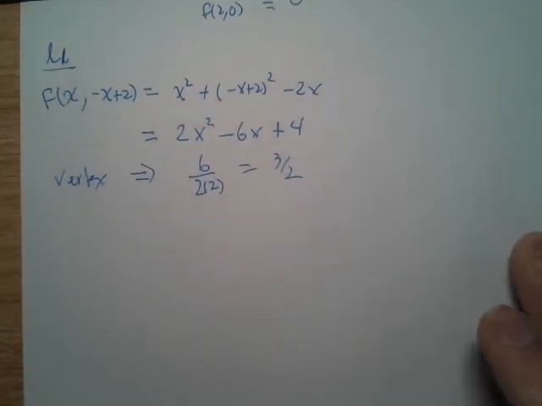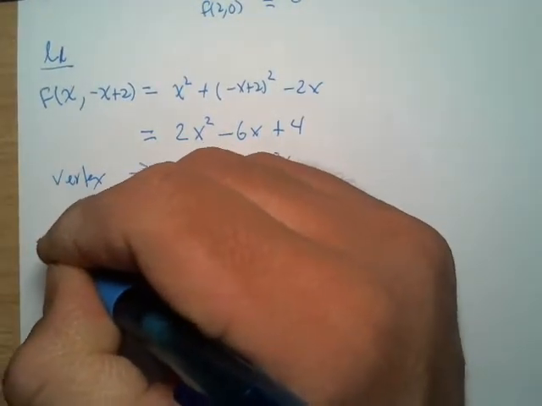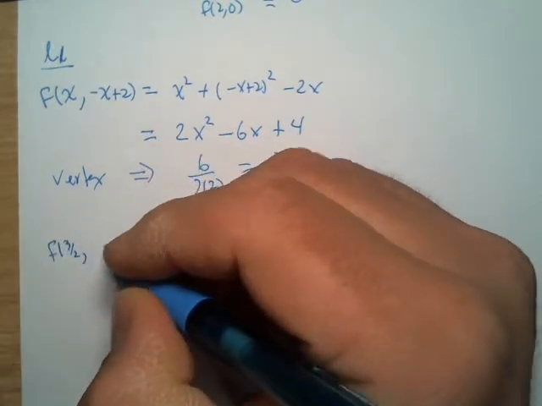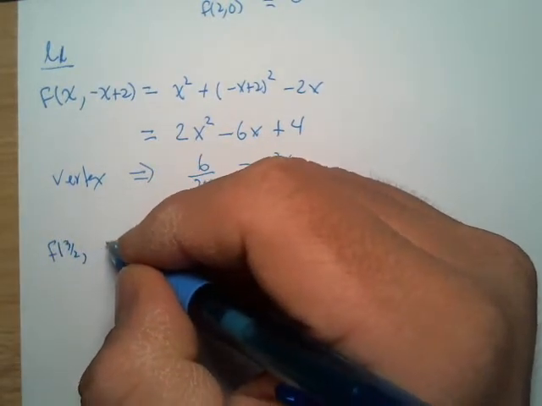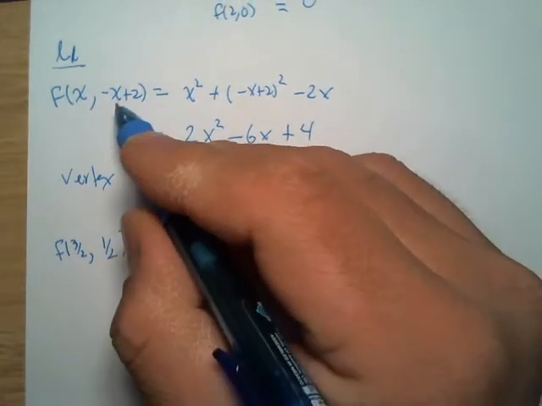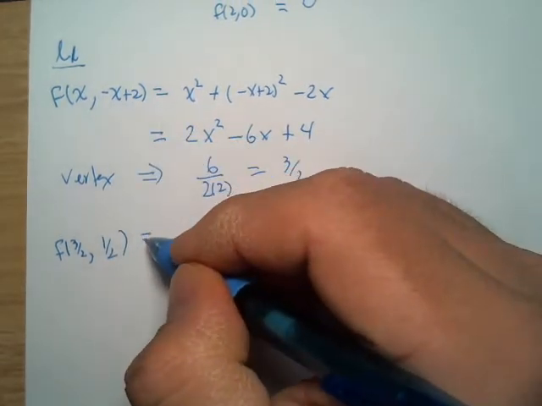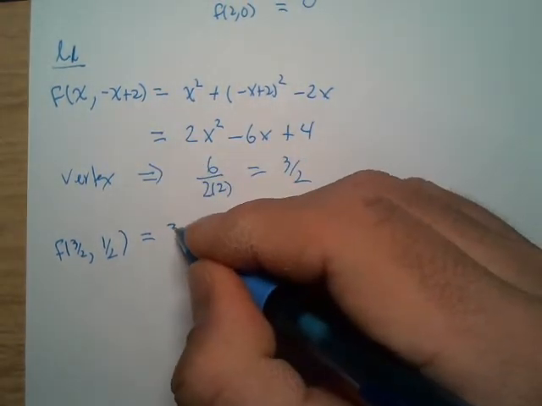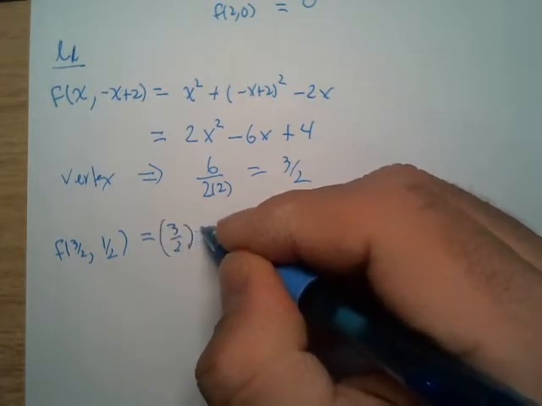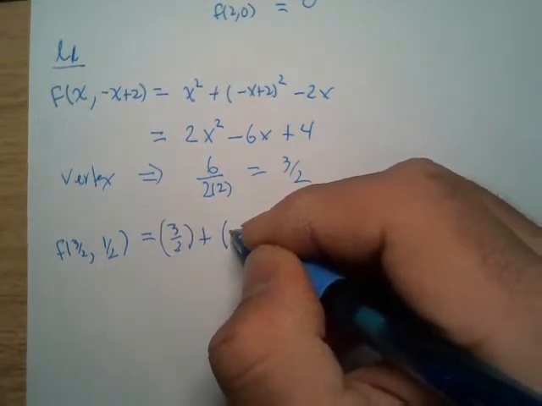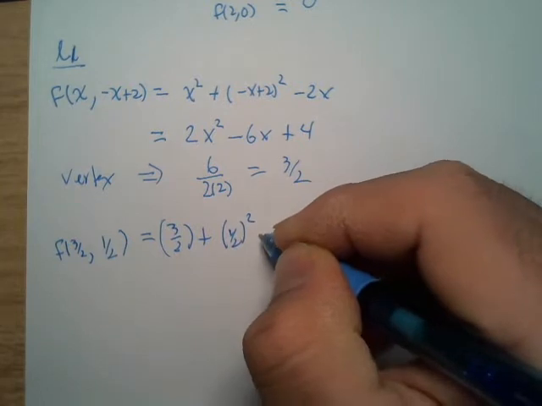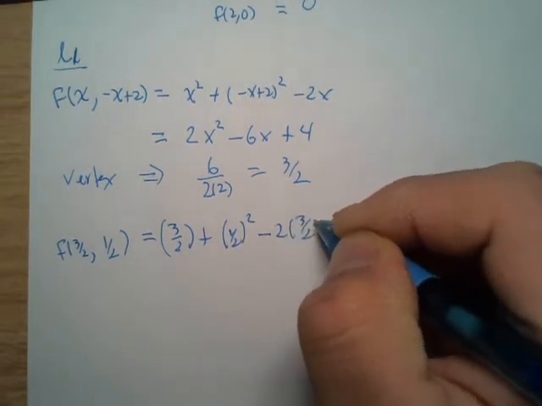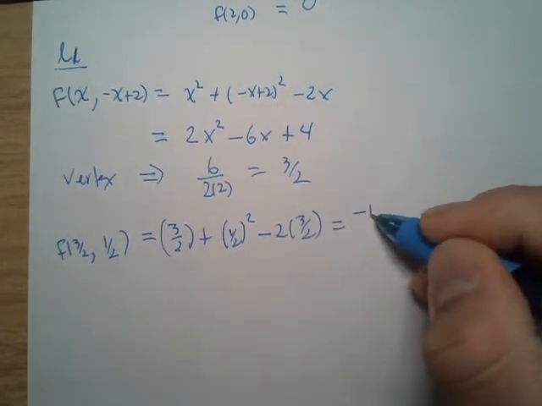So now we have an additional point to find. If x is 3/2, y is going to be 1/2, which is negative 3/2 plus 2. Plugging that in and simplifying, we get negative 1/2.